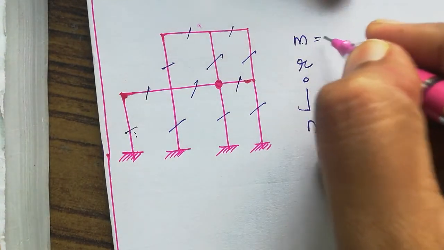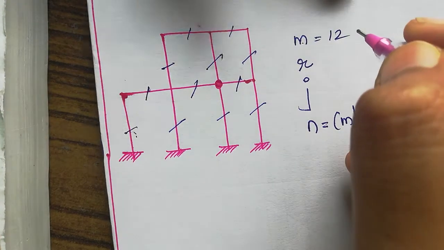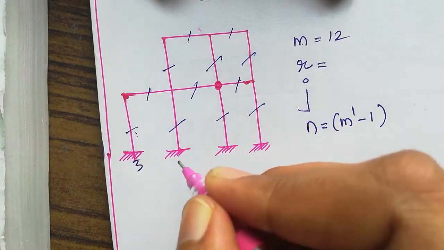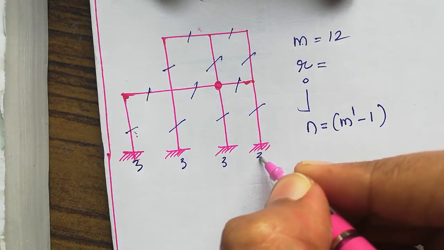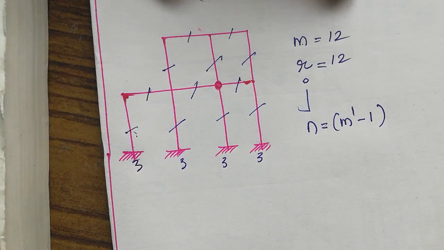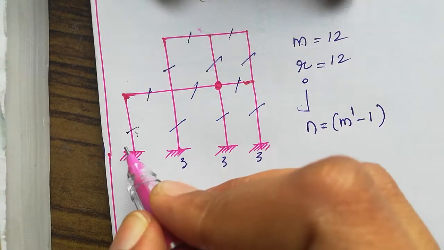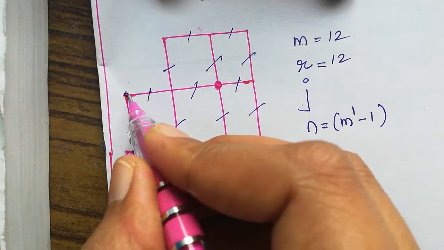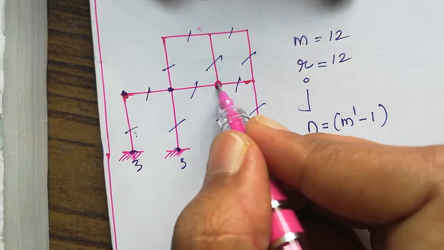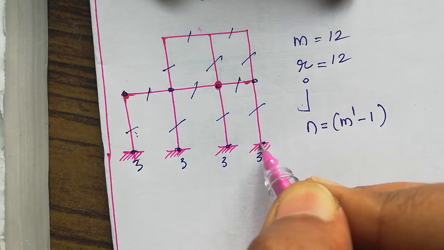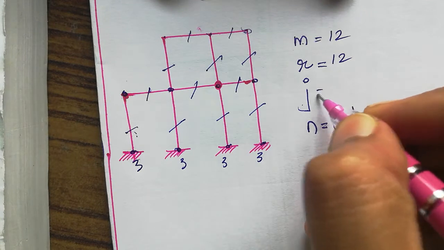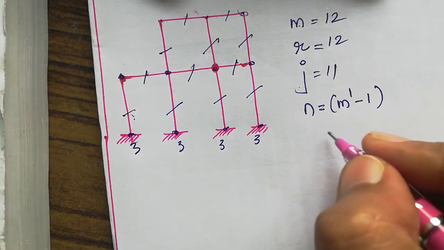So you have 12 members. Reactions: here 3, 3, 3 and 3, a total of 12 reactions. Next, joints: 1, 2, 3, 4, 5, 6, 7, 8, 9, 10, 11. We have 11 joints.